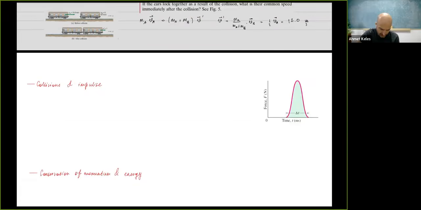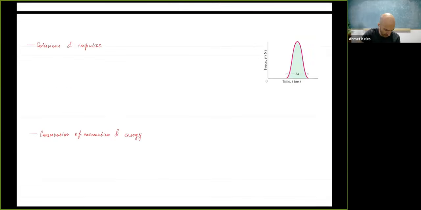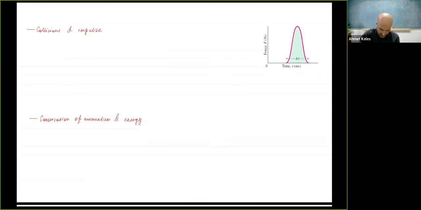Speaking about collisions, we can introduce something called impulse. During the collision, of course, we said the external forces are zero, but each mass experiences a force due to the other mass. Of course, they are Newton's third law pairs, equal and opposite.